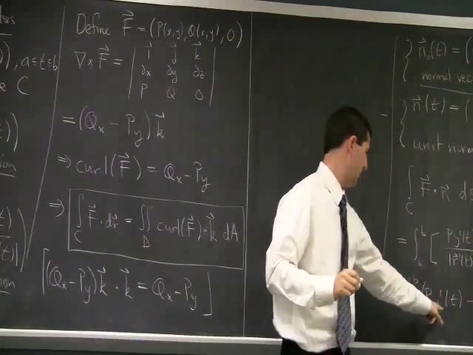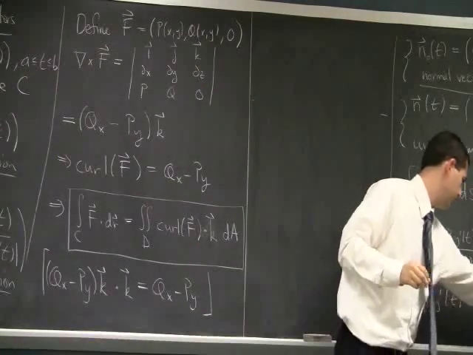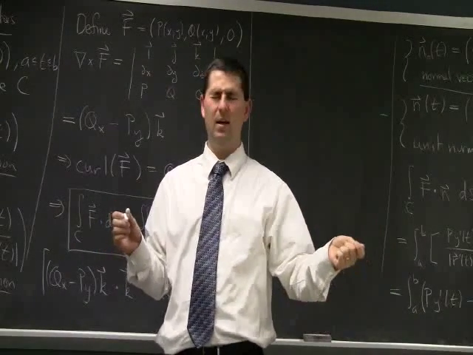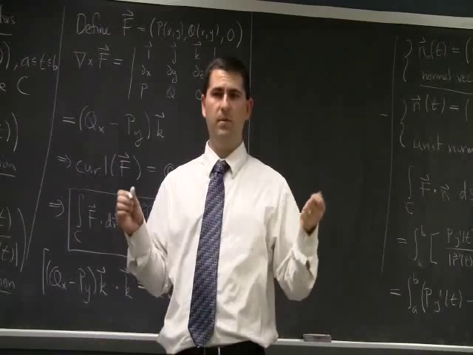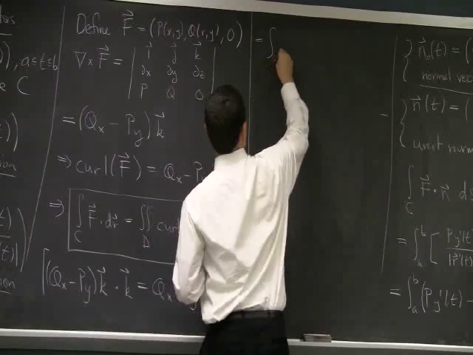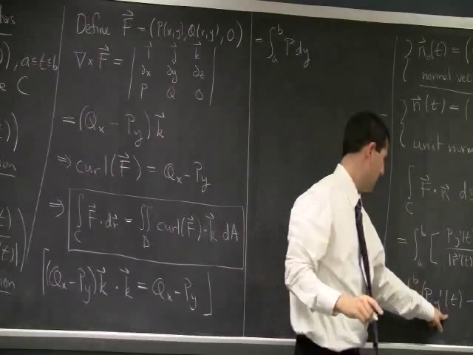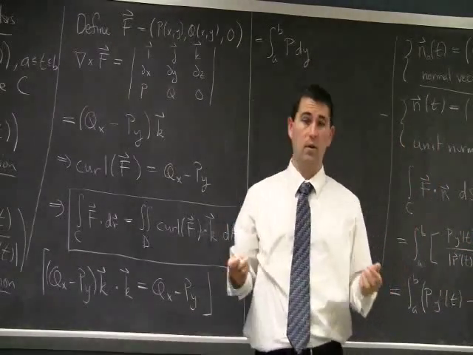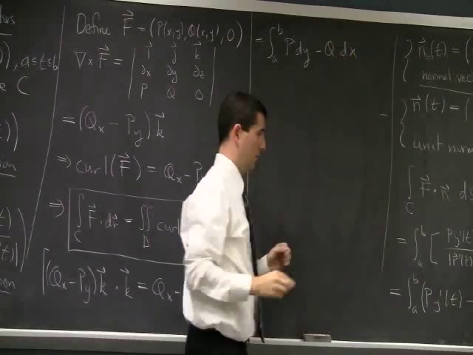Okay, now let's break this up into two different integrals in our head. You have p y prime of t dt. Y prime of t dt, that's dy. So this is actually equal to p dy minus q times x prime of t dt. That's just dx. So minus q dx.